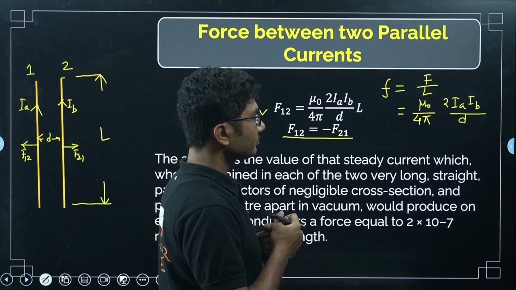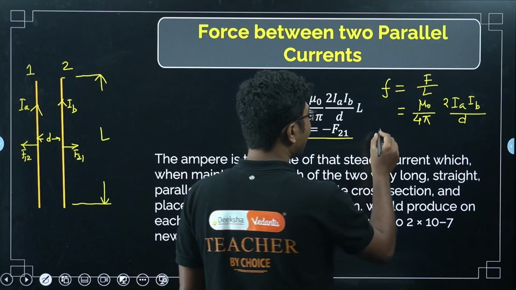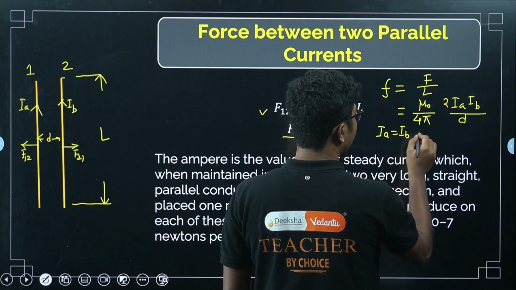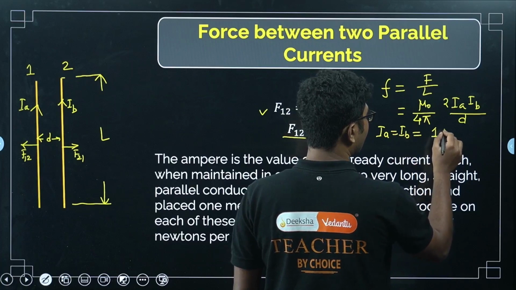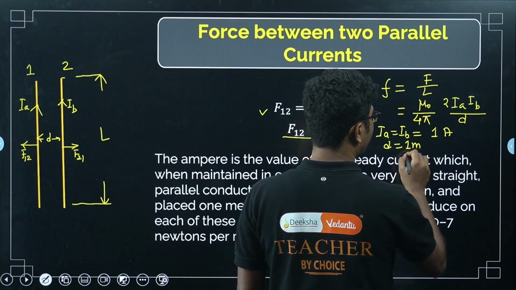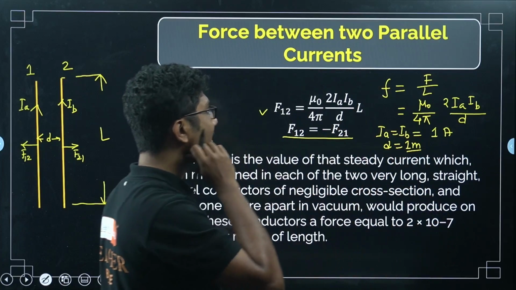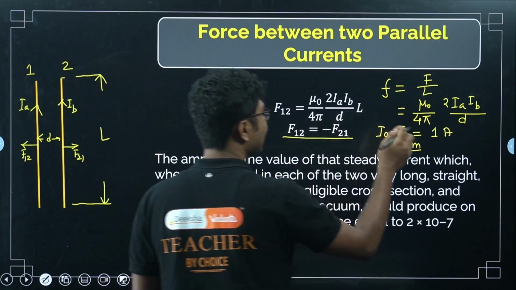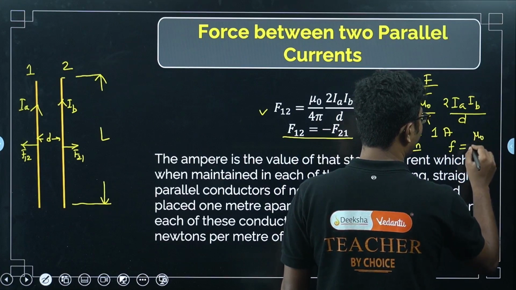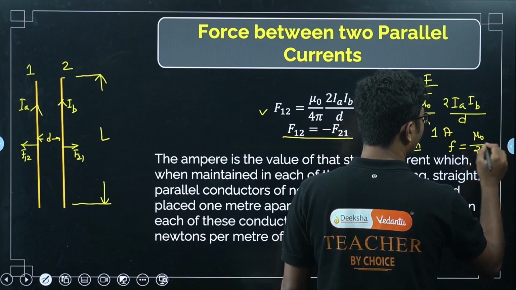Now, what will happen if I make IA equal to IB equal to 1 ampere and d equal to 1 meter? If you apply these two values, you will get that this force is nothing but mu naught by 2 pi.